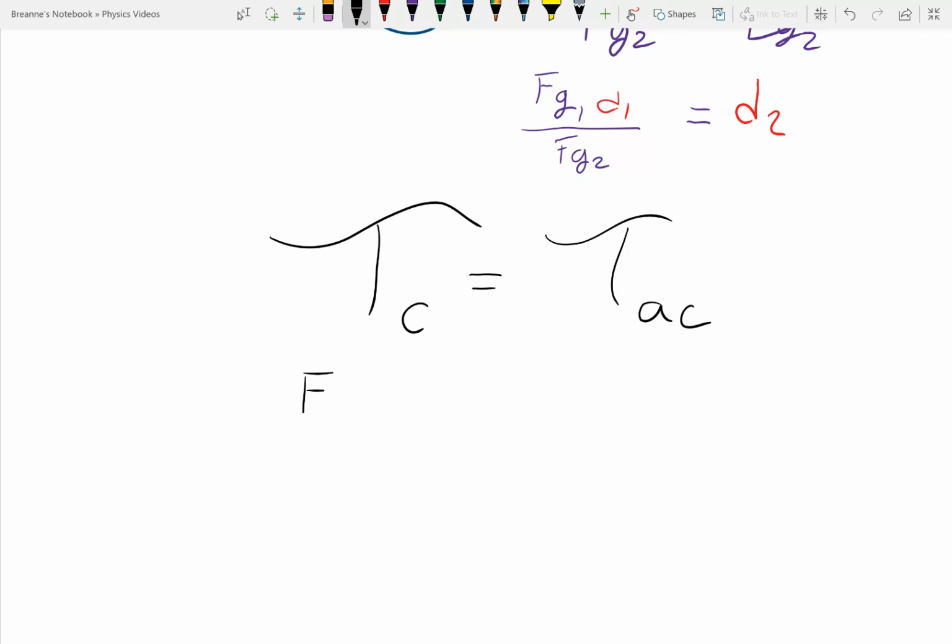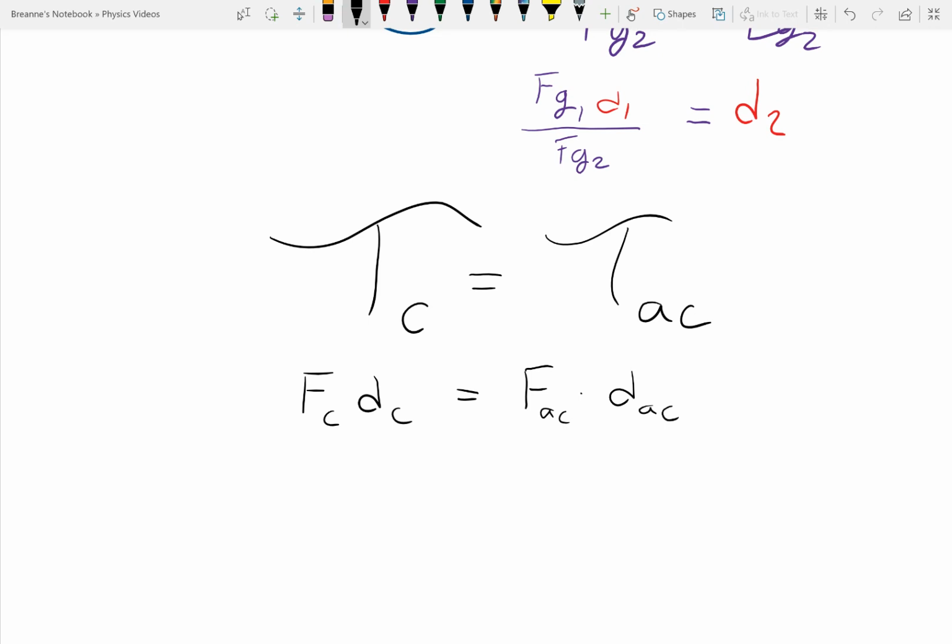What force is causing it, and then the distance. And then your torque equals the force times your distance. So that is your biggest setup.